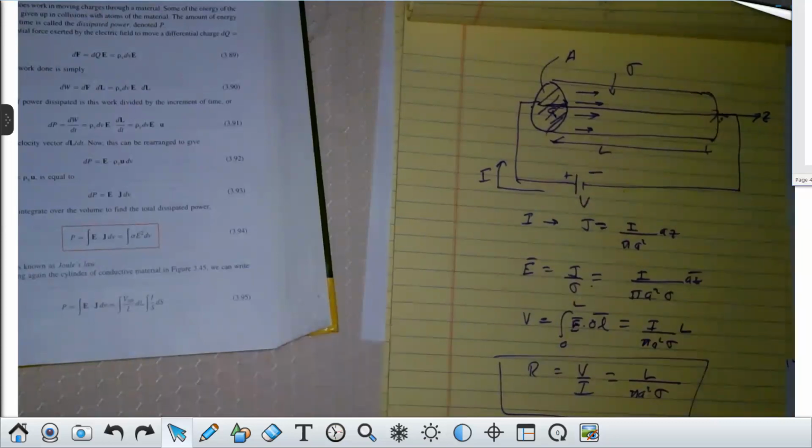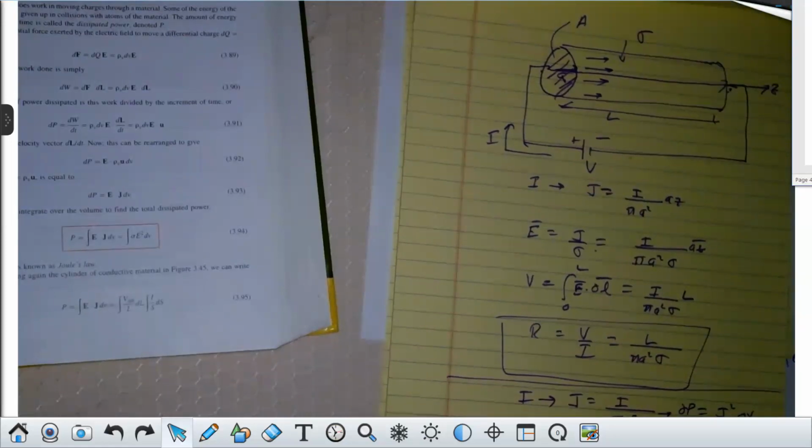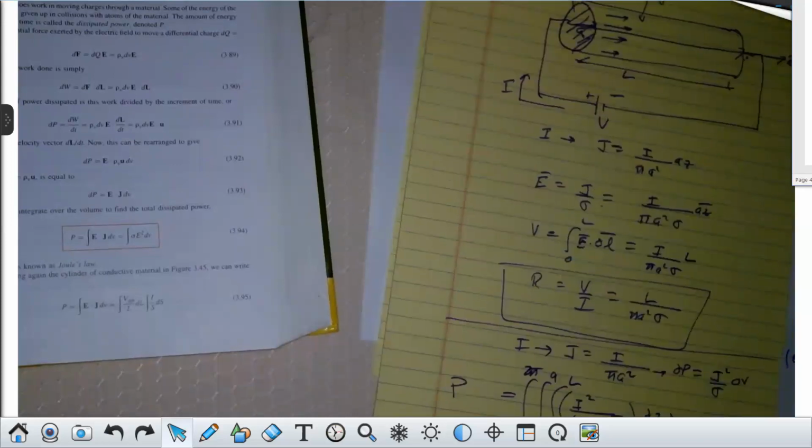So now that's the differential, and I have to do the integration to get the total power. Now dz is going to go from 0 to L, rho is going to go from 0 to A, and phi goes from 0 to 2 pi, and that would be the actual power that's being dissipated by that resistor.